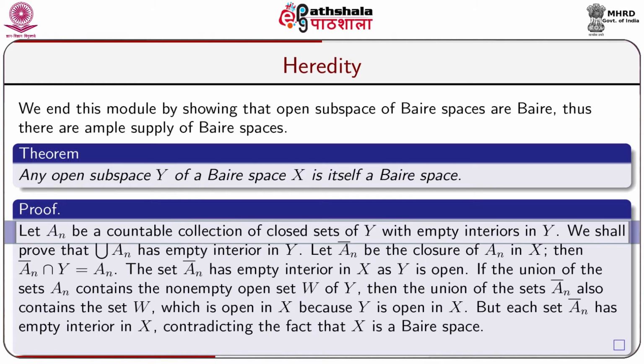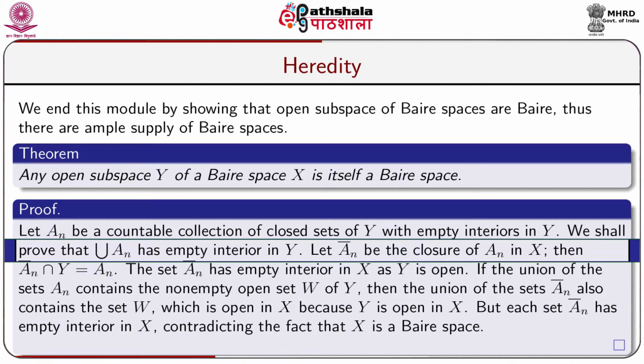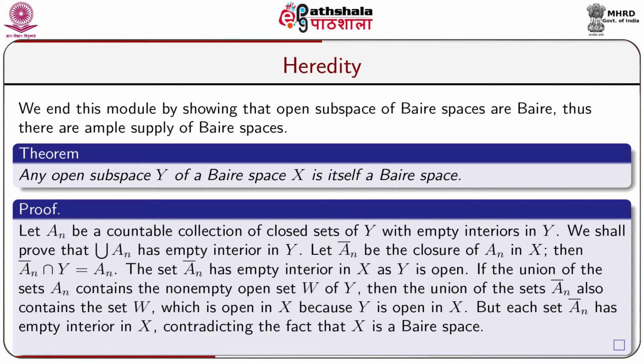To prove this, let An be a countable collection of closed sets of Y with empty interiors in Y. We have to prove that the union of An has empty interior in Y, where Y is an open subspace of a given Baire space X. Let closure of An be the closure of An in X, then closure of An intersection Y is equal to An.